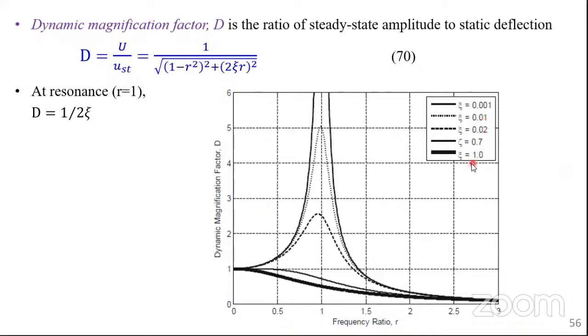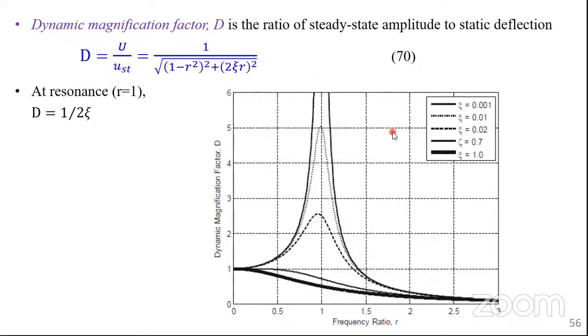Of course, you can see at this point xi is so small. When it is so small, it ends up here at the bottom, and the dynamic magnification factor is too great.